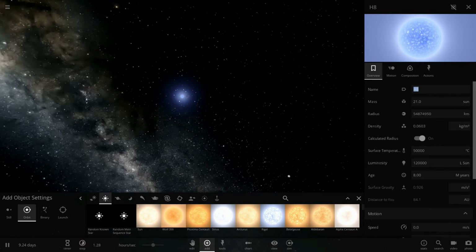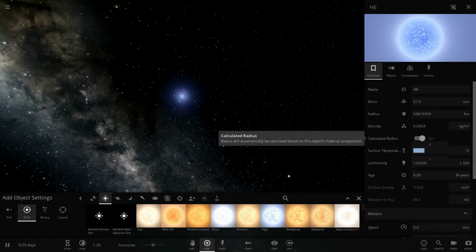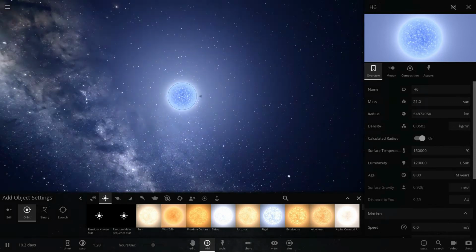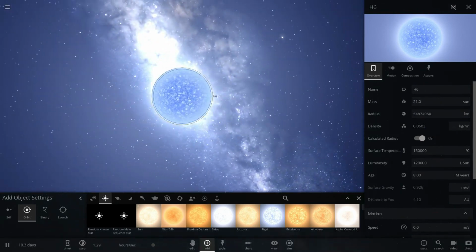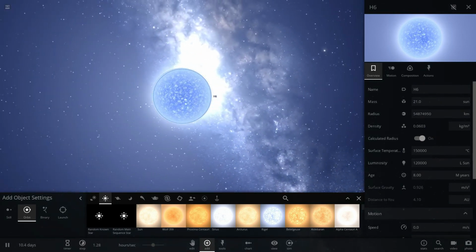I reckon that even an H6 will be so hot it'll be 150,000 degrees on its surface. It will probably live for a couple thousand years, so you won't even form planets around the star.